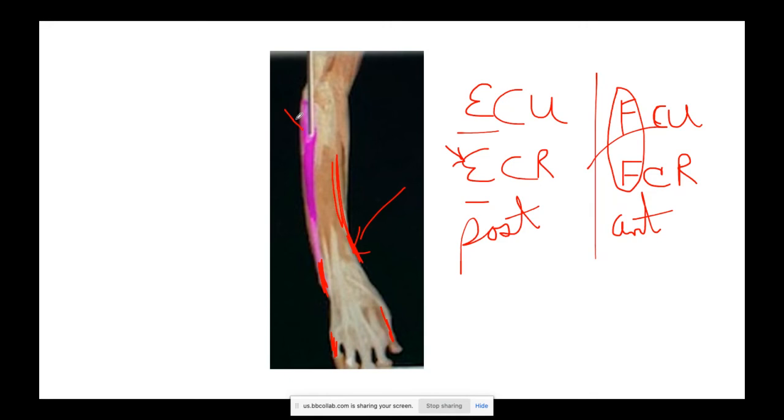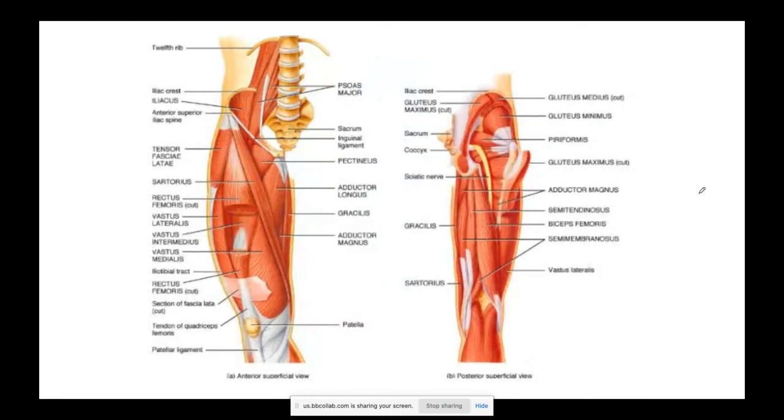Because it's the belly on the ulnar side, it's extensor carpi ulnaris. If it was on the flexor side, on the anterior part of the forearm, on the ulnar side, then it would be flexor carpi ulnaris. If it would be a flexor carpi radialis, it has to be anterior, crossing the carpals on the radial side. So you have to talk yourself through it.